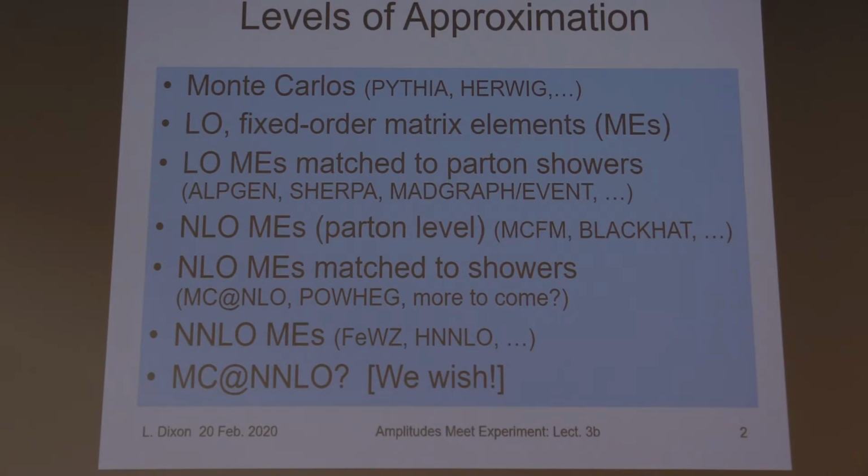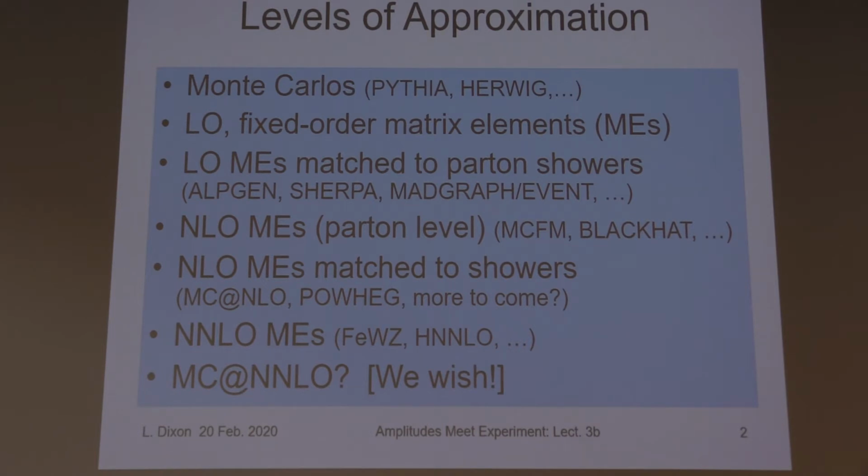Okay, so ready to go? We got our hands dirty a little bit just now, but now I just want to go back in a little bit more overview style. I want to tell you from the experimentalist's perspective, they would like to use theoretical predictions.